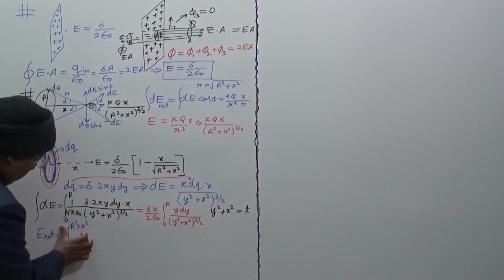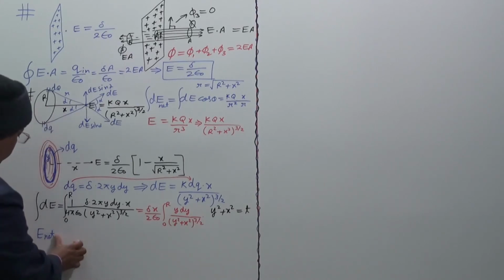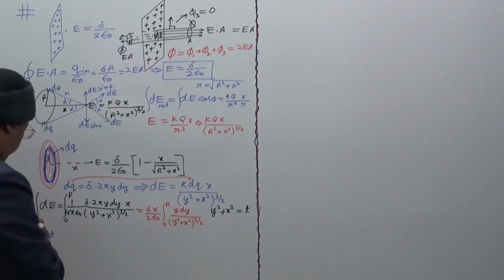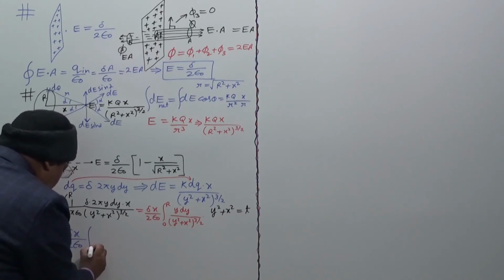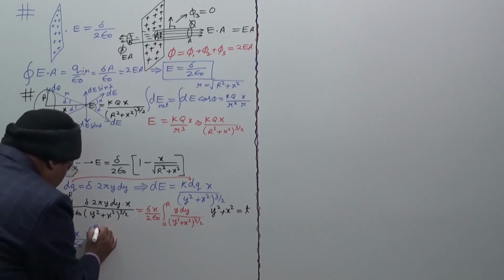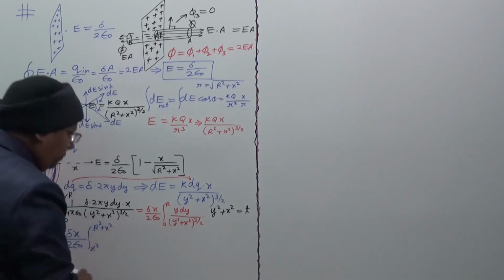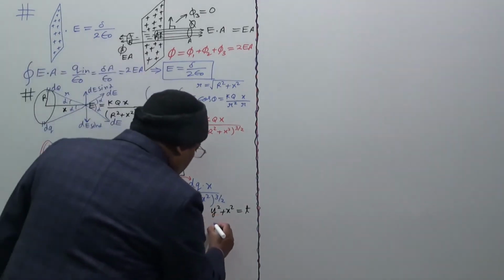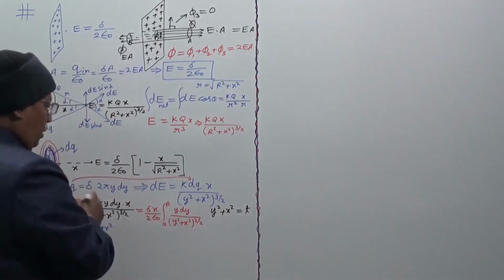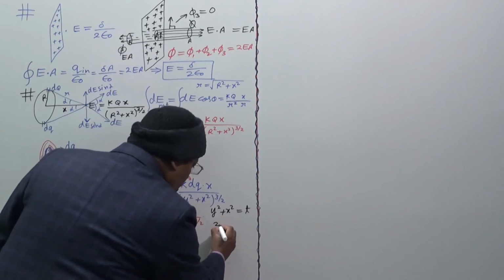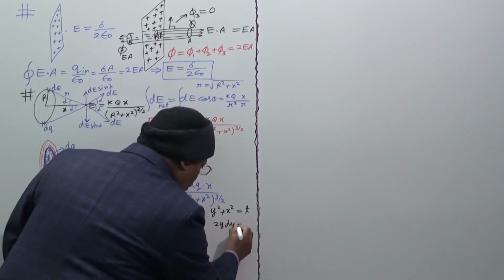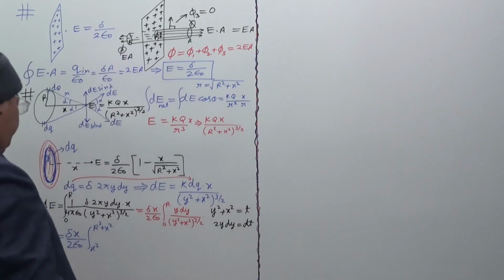To put it with more clarity, it is small sigma x upon 2 epsilon naught integral from x square to r square plus x square. For differentiation, because x is constant, 2y dy is equal to dt.